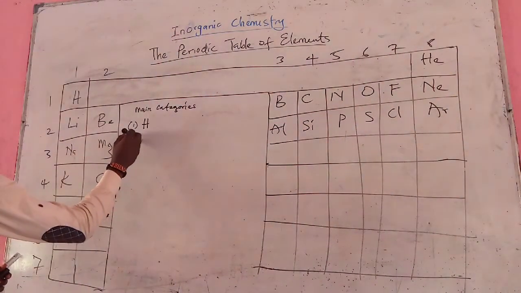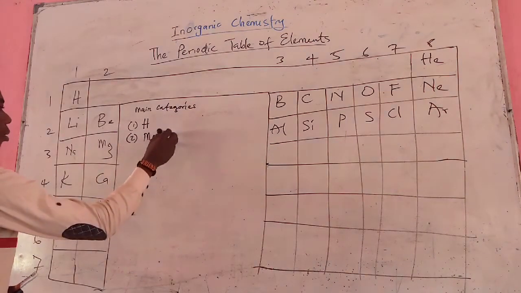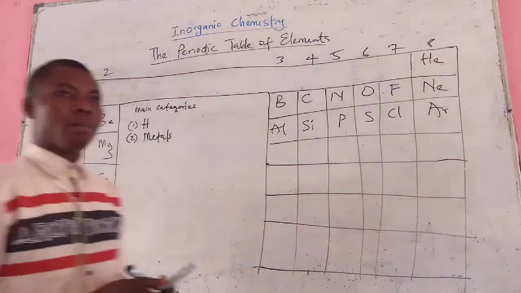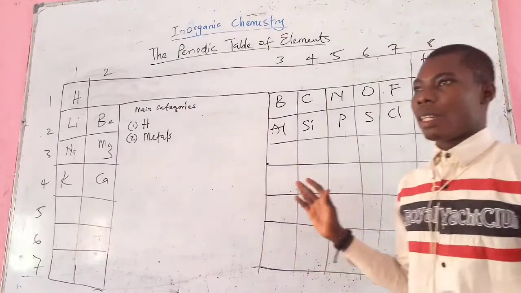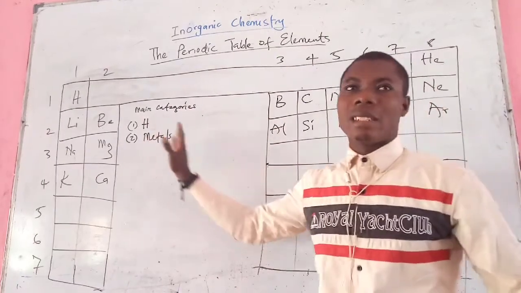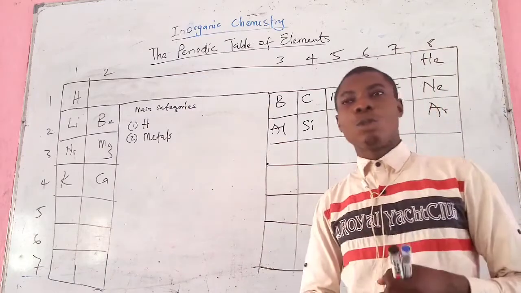Then the other categories of elements that we have are the metals. The metals, those are the elements that occupy the left hand side of the periodic table. That is group 1 and group 2.